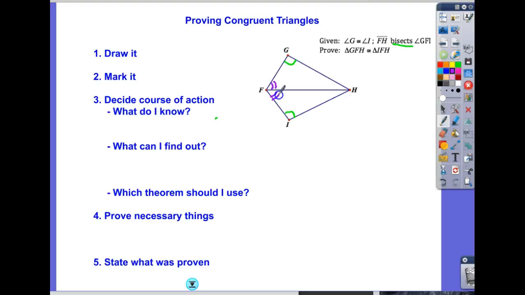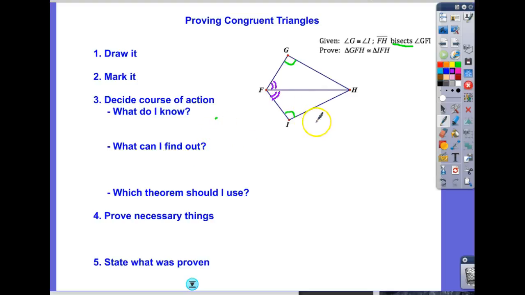Because this is bisected, this angle here and this angle here are going to be congruent. So I can mark that. That is given. So now I have to ask myself, what do I know? Well, I know I have an angle here, an angle here, angle here, angle here. What can I find out?